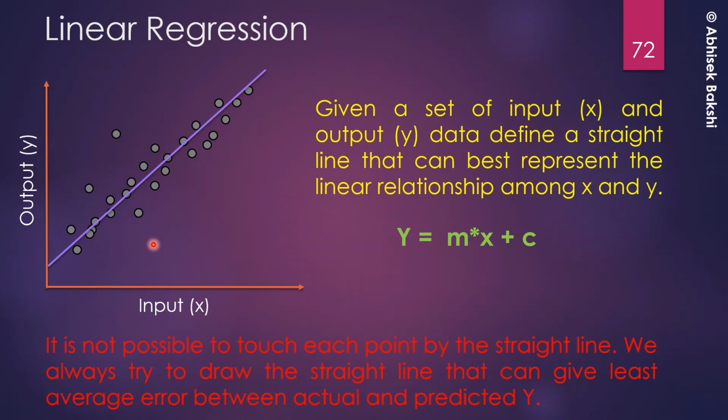Okay, so input is x and output is y. For every x there is some y. Now if you put the x corresponding to y as a point in a 2D plane, it will be scattered dots, right? Something like this. If you don't have this particular line, just forget about this line for the time being.